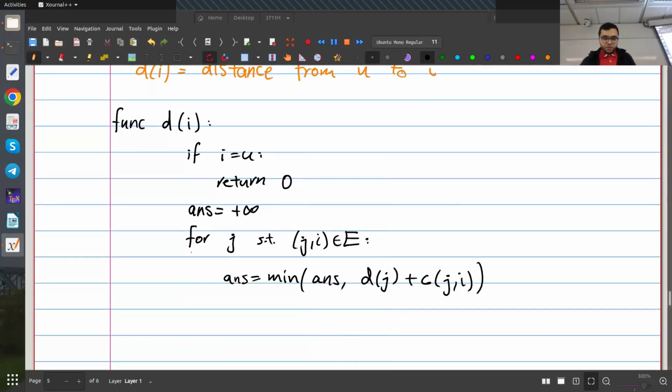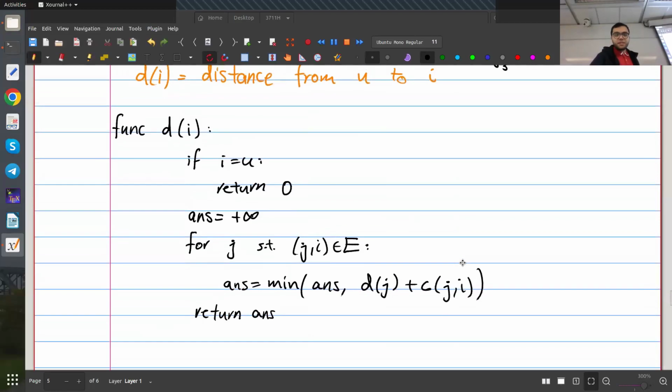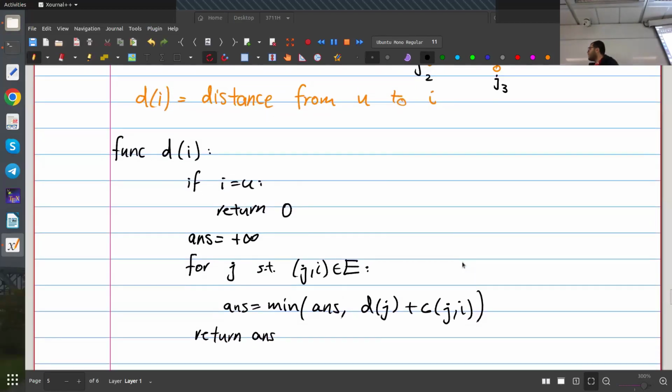And then finally, I'm going to return my answer. Now, this makes perfect mathematical sense. The distance to vertex I is basically the minimum of this expression over all vertices J that have an edge to I, right? But it doesn't make algorithmic sense. What happens with this recurrence? It might never terminate, right? So imagine if I have a cycle.